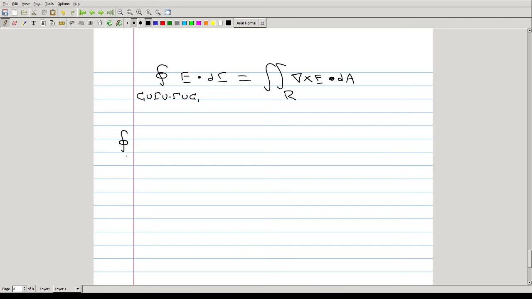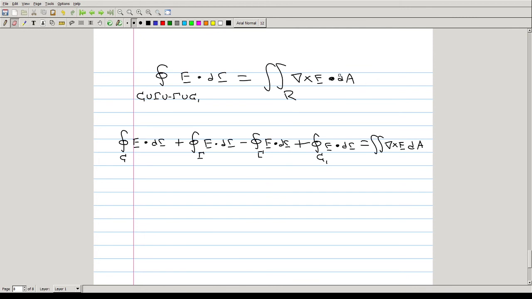So just like before, this will actually simplify a little bit. It's the closed integral over C of f dot dr plus the integral over gamma of f dot dr minus the integral over gamma of f dot dr, because the integral over negative gamma is the same thing as negative times the integral over gamma, because negative gamma is just gamma traversed in the opposite direction, plus the integral over C1 of f dot dr. This entire thing is equal to the double integral of the curl of the vector field f dotted with dA.